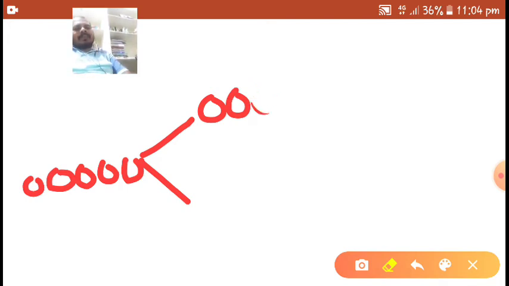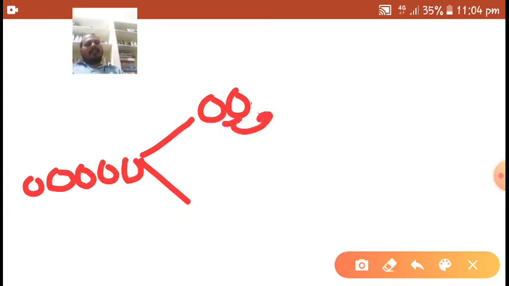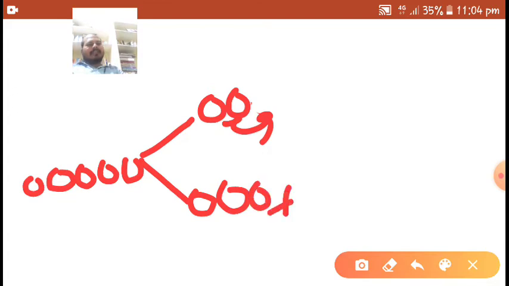Why is it so? Because the ligands approach the metal ion in octahedral complexes along the axis. So Eg orbitals lie along the axis, and T2g orbitals lie between the axes, so their energy will be lowered. That is about octahedral complexes.